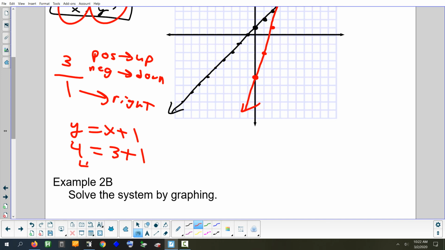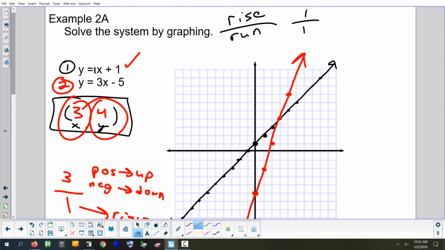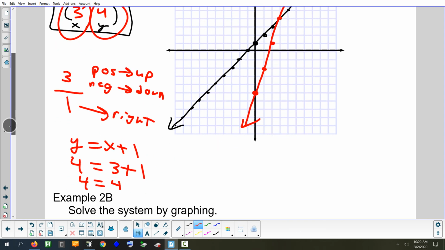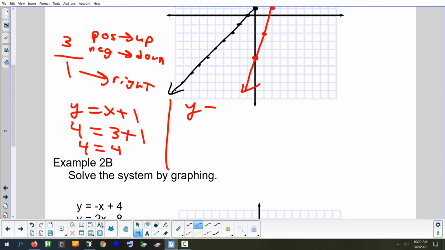Does 3 plus 1 give you 4? Yes. So what does that mean? It's correct. Correct in which one? The first one. Yep, it worked. Now check the second one. Y equals 3x minus 5. Okay, what do we get for y again? 4. What do we get for x? 3.